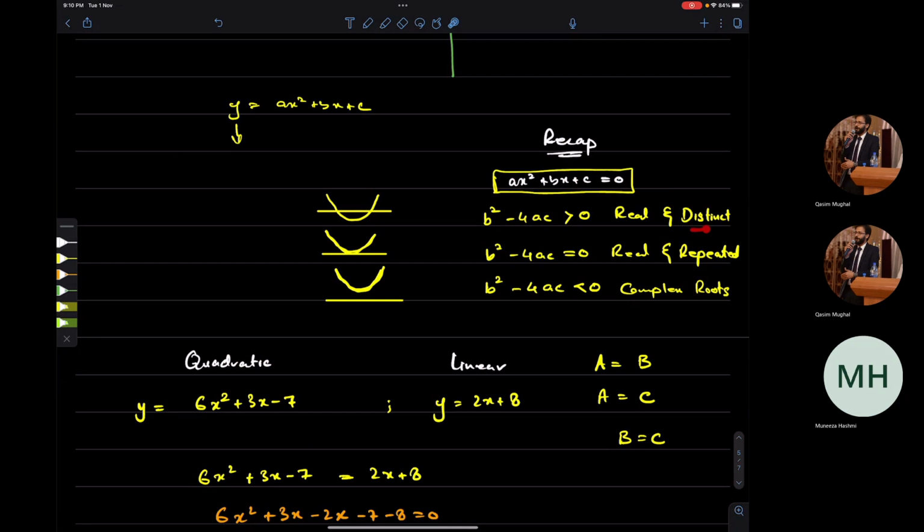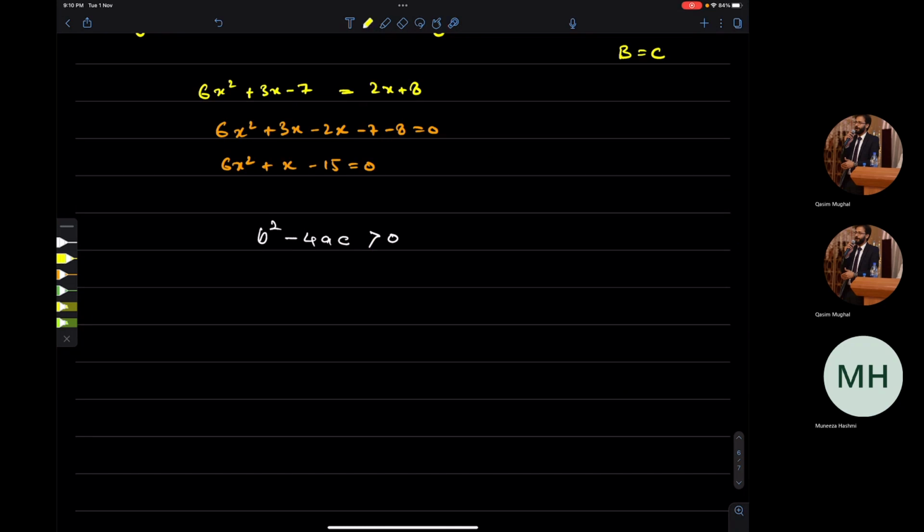It had distinct solutions, meaning two solutions. So the meaning is that the linear graph will intersect the quadratic at 2 points.